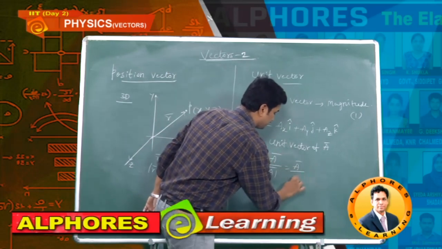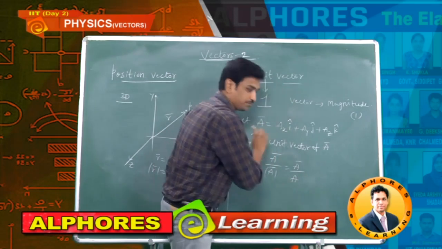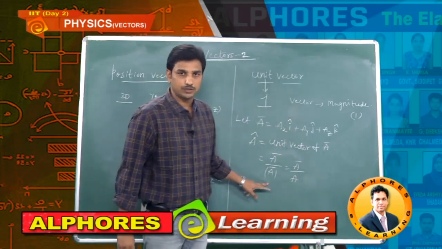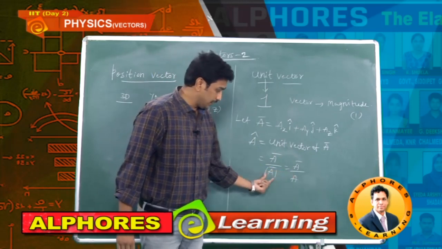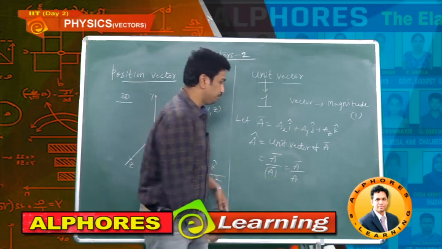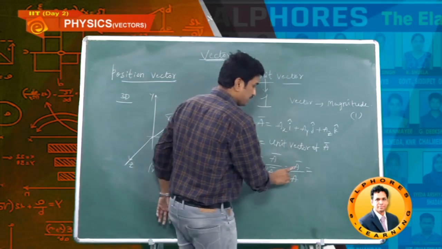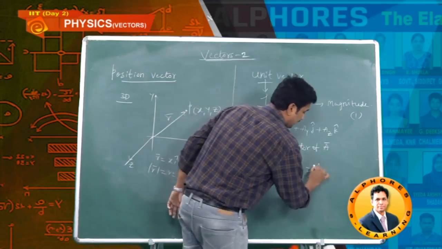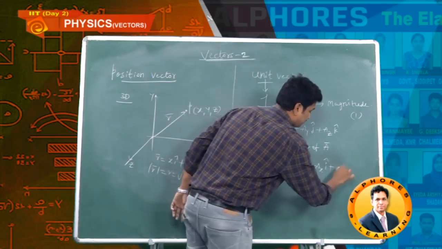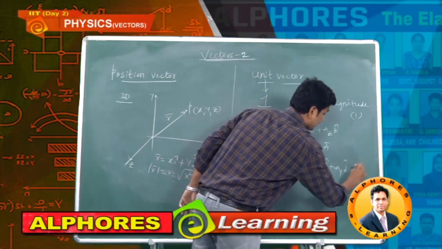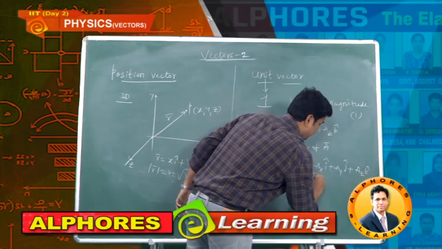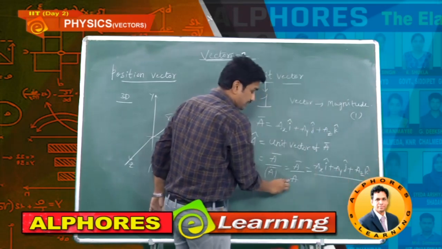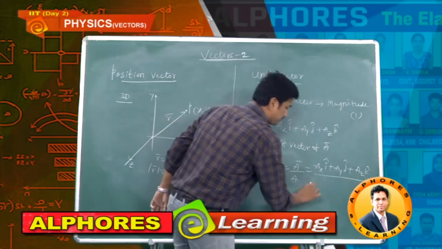Vector magnitude is scalar, so we will remove this bar: magnitude of A bar is A. Now what is A bar? Ax i cap plus Ay j cap plus Az k cap divided by the magnitude of A bar.